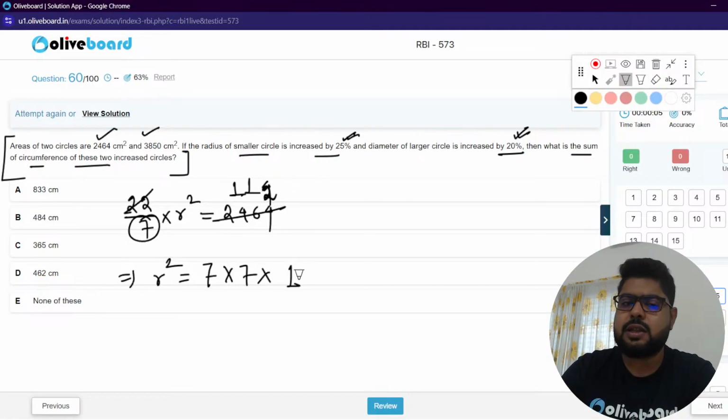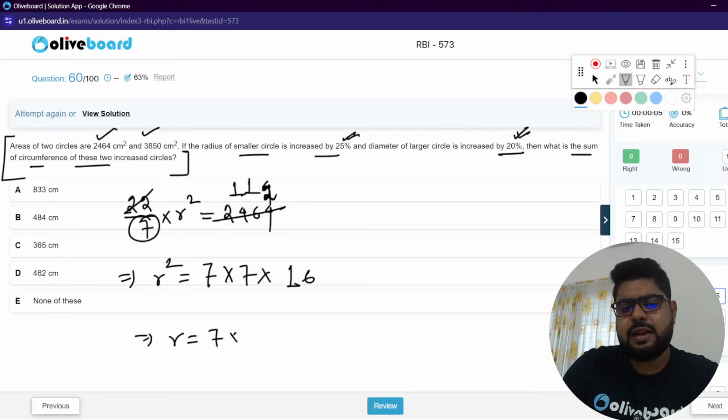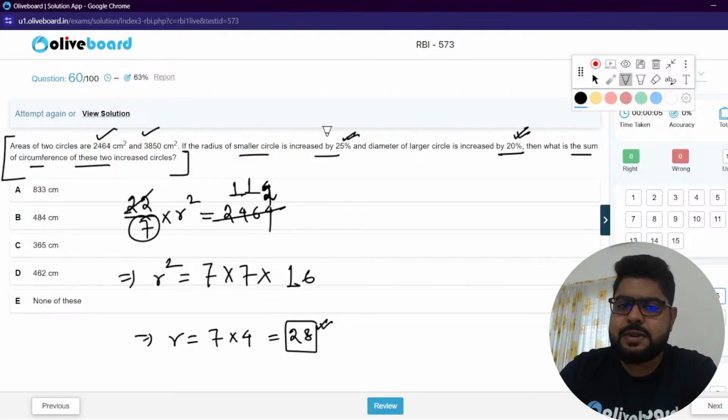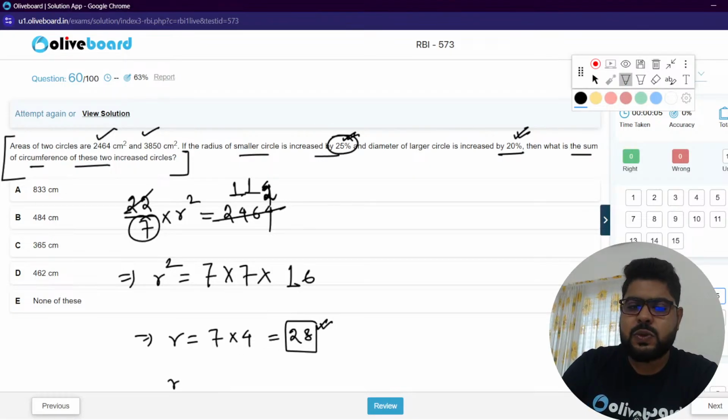See, I had messed up. 7 ones are 7. Yeah, so this is 16. Now it is right. So R is 7 into 4, this is 28. Now this has been increased by 25%. So the new one, 25% means 5 by 4 into 28.